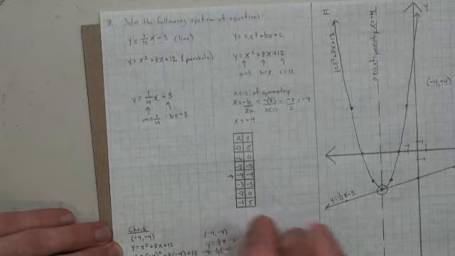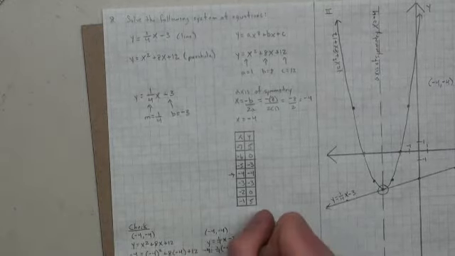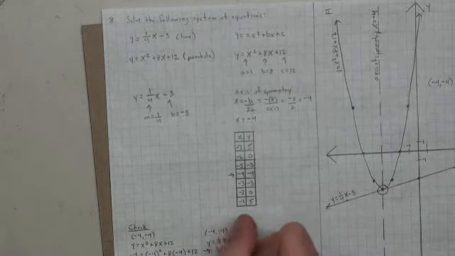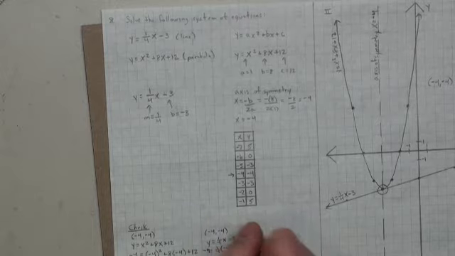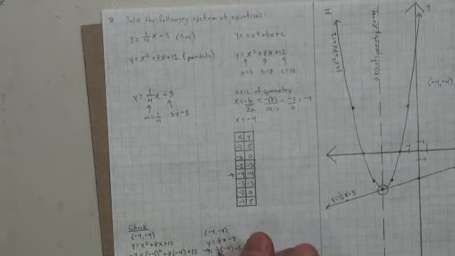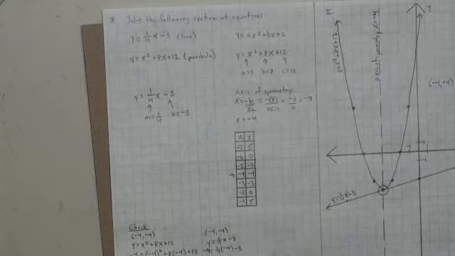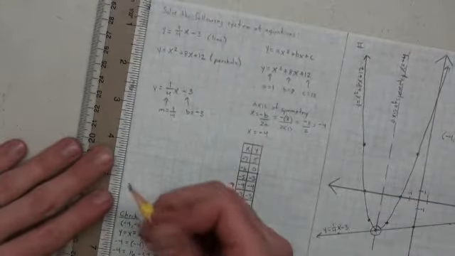So negative 4 equals 1/4 times negative 4 minus 3. Negative 4 equals 1/4 times negative 4 is negative 1, because the negative 4 goes on top. And negative 4 divided by 4 is negative 1, minus 3. So negative 4 equals negative 4. And it checks. So let's just clean this table up.